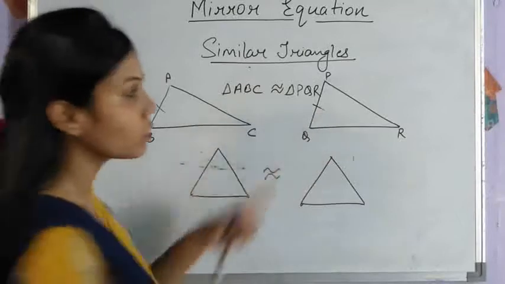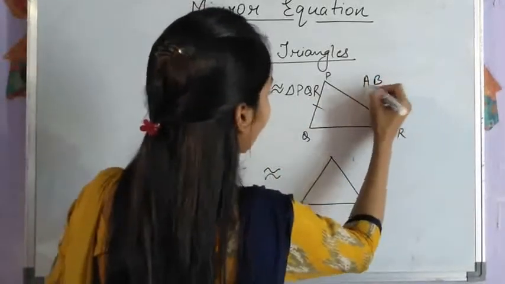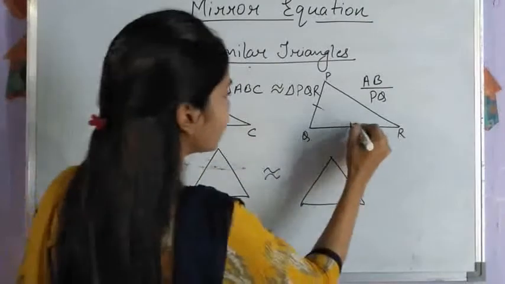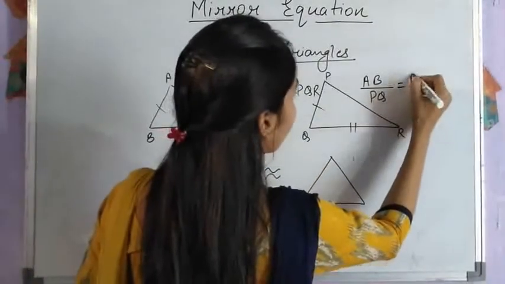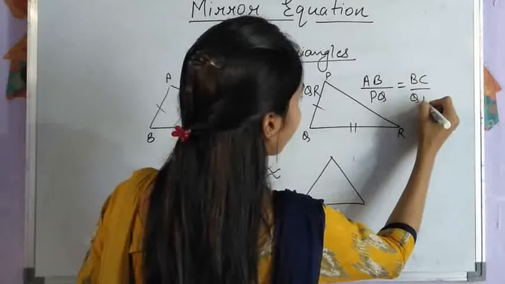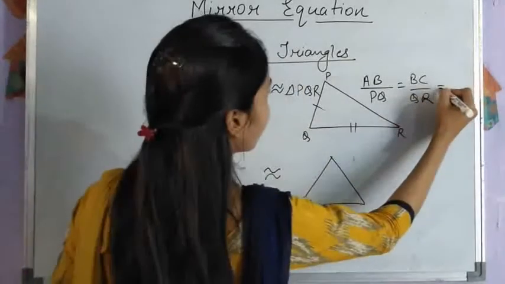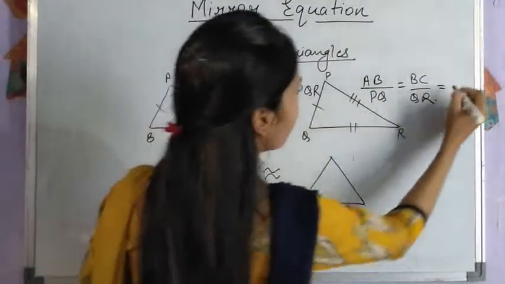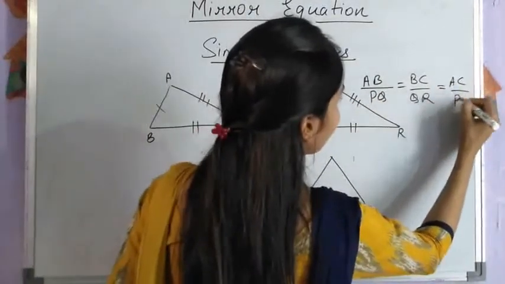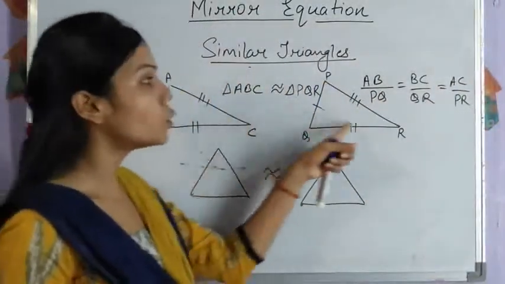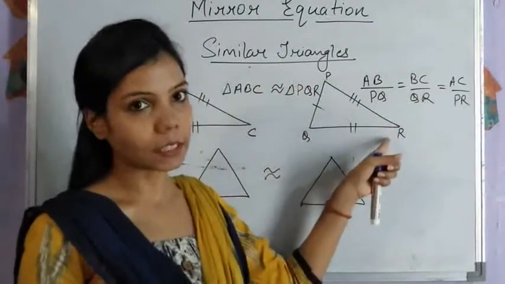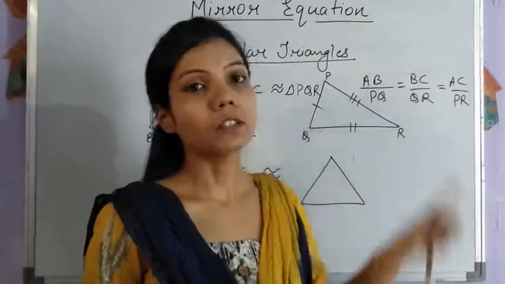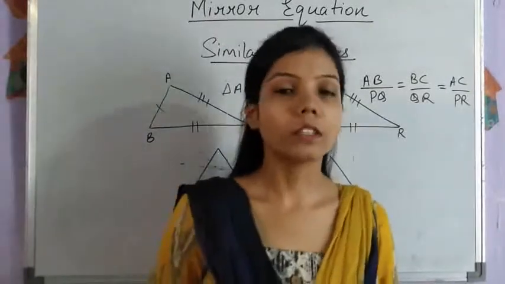We take AB upon PQ, which will be equal to BC upon QR, which will be equal to the third corresponding side ratio, AC upon PR, right? So if these two triangles are similar, then the ratio of the corresponding sides will be equal to each other.